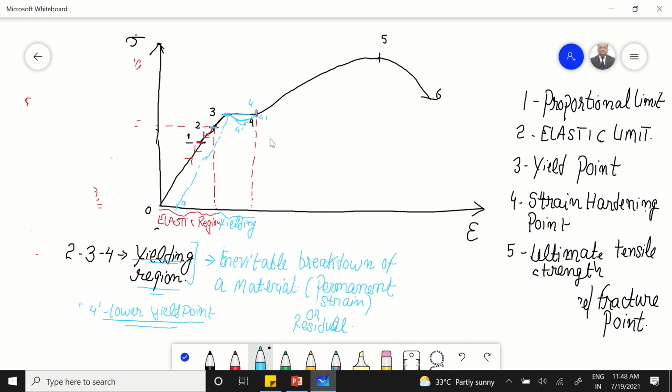Now at point number 4, the material has completely adjusted its molecular structure. As you further increase the load from point 4 to 5, we call that region the strain hardening region. What happens in this region? The material tries to adjust its molecular structure due to the sudden permanent deformation induced here.